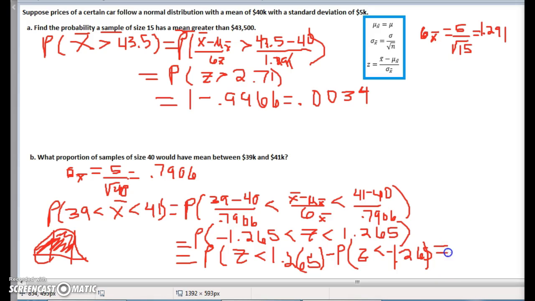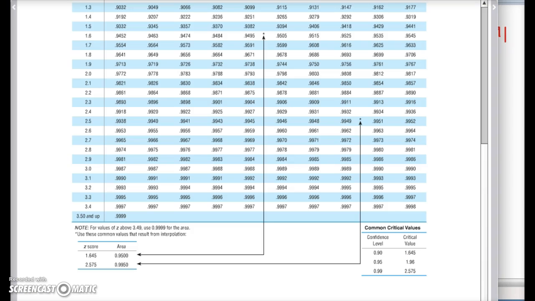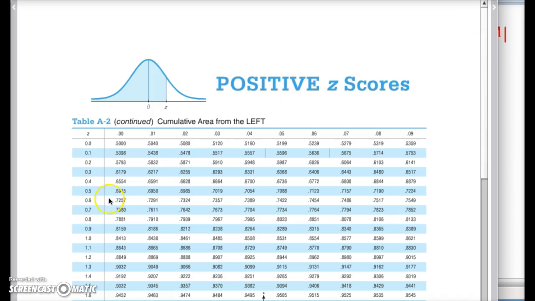Okay, so go into the table. Let's look for 1.265. One, two, three, 4, 5, 6. So 0.8962.